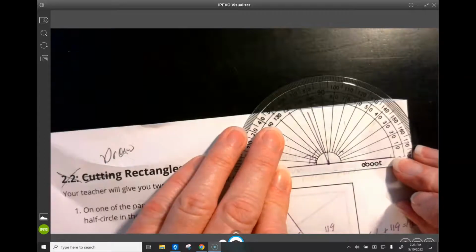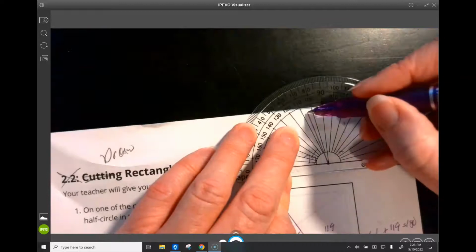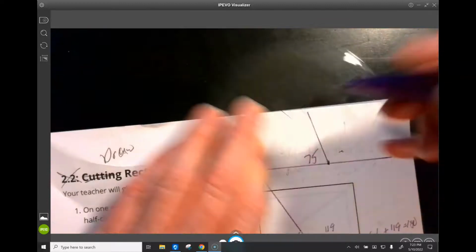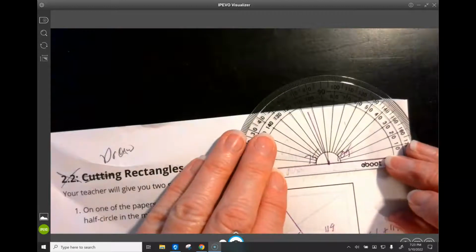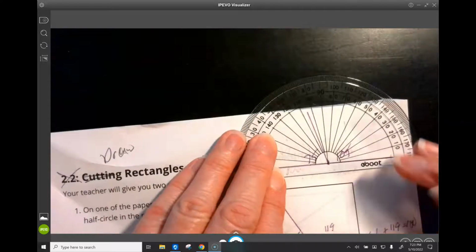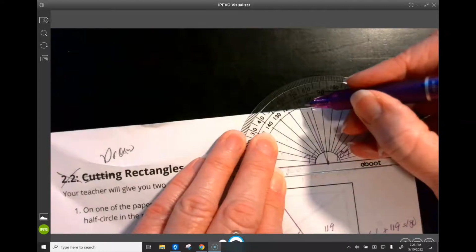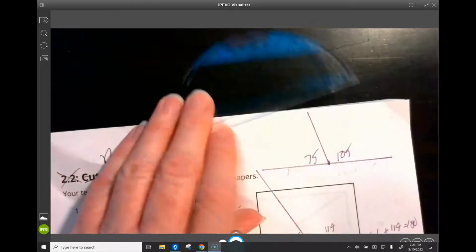Now the problem with mine is I can't extend it, so I'm just kind of taking a guess. That's like 105. Okay, so what I did is when I put it up here, hopefully you'll always be able to extend yours, but what I did is I just kind of drew an imaginary line right there with my pen.